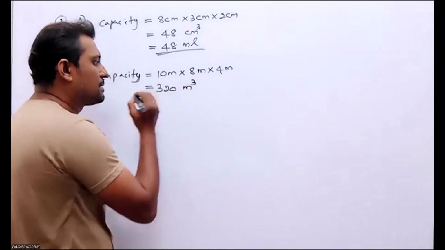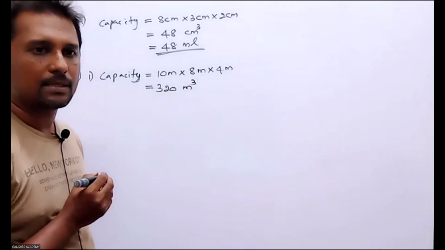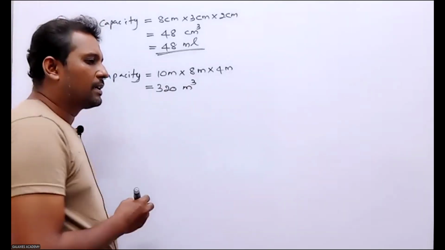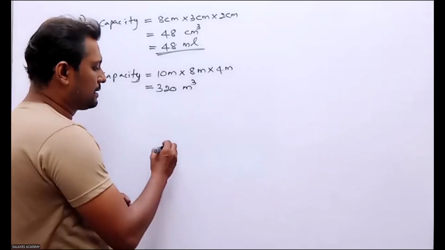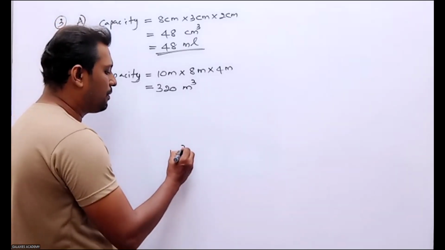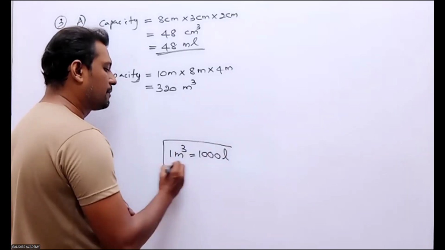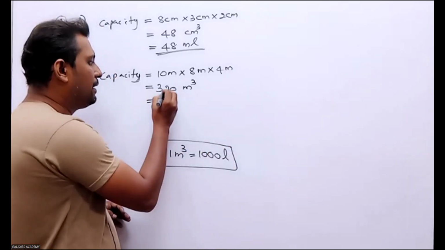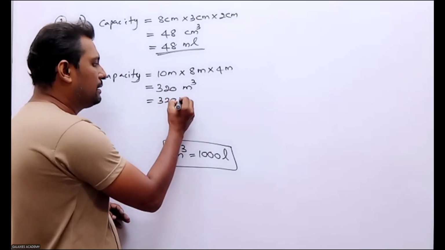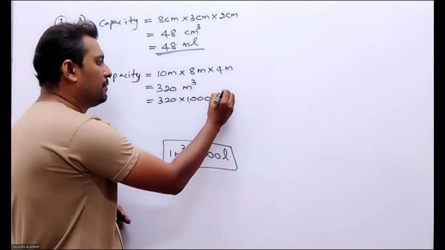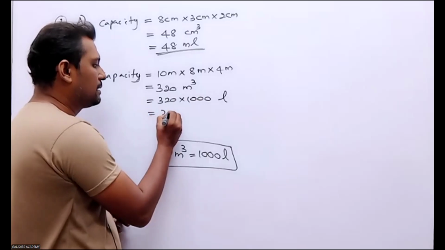So what is the answer? 320 cubic meters. How can you convert into liters? You know the relationship, 1 cubic meter equals 1000 liters. So this value we have to multiply by 1000 to convert into liters. So what is the answer?